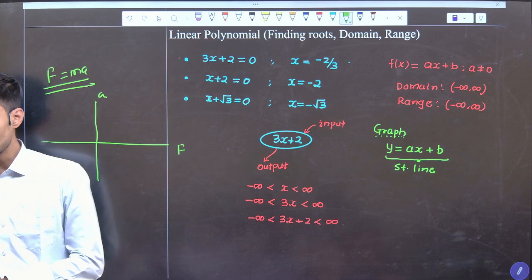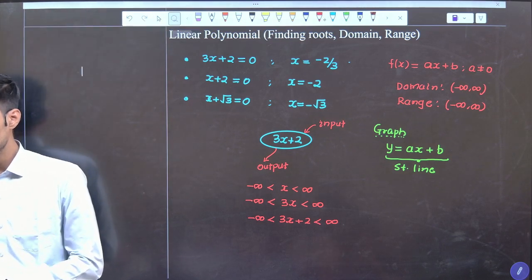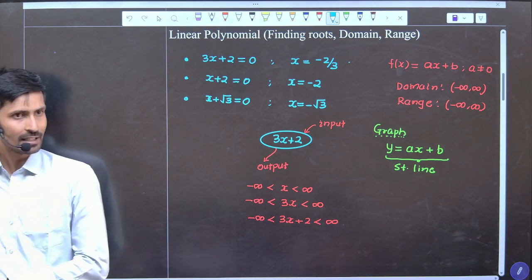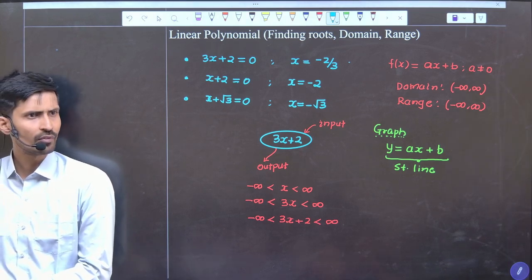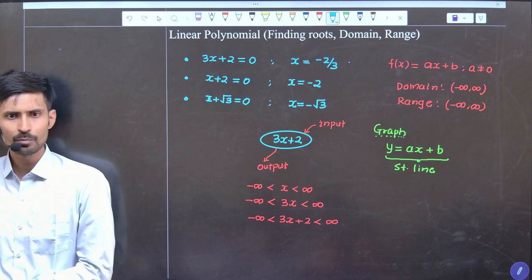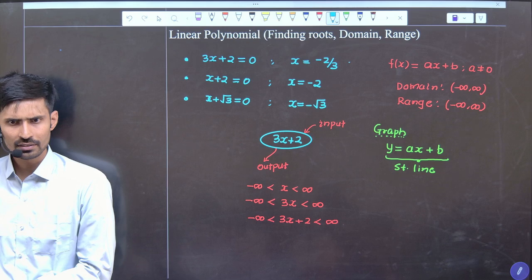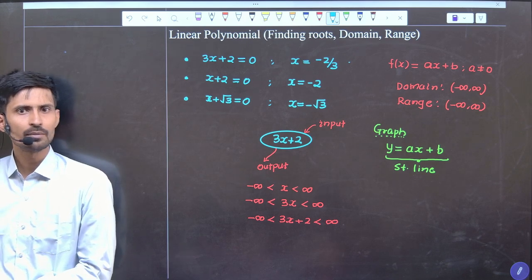Do you remember the directly proportional sign? Is there any formula where the directly proportional sign will come? Tell me. Force is directly proportional to acceleration. This you have learned. Can you tell me any formula where the directly proportional sign comes?